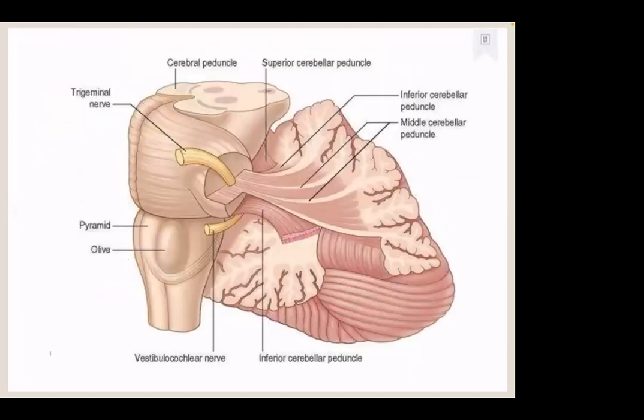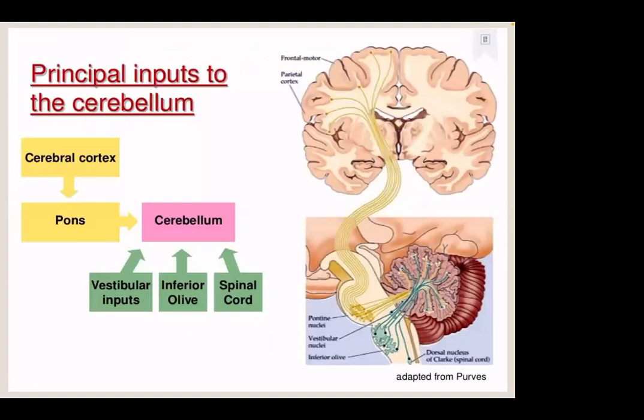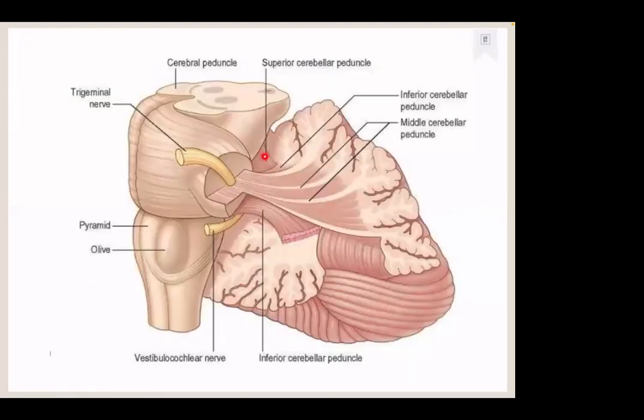This is also the superior peduncle, inferior peduncle, and the middle cerebellar peduncle. It's connected to the pons, and here we have the trigeminal nerve and the vestibulocochlear nerve, going to the olive and pyramids.